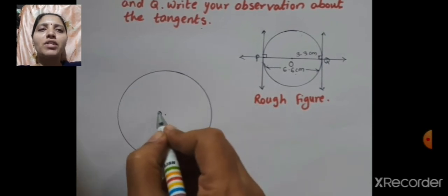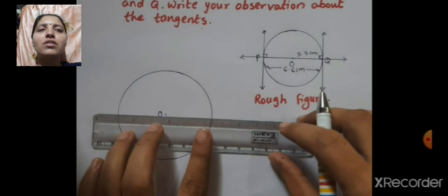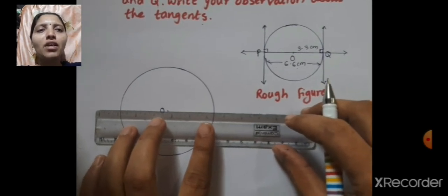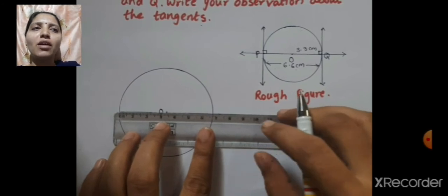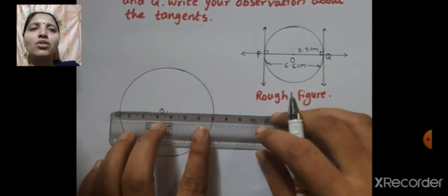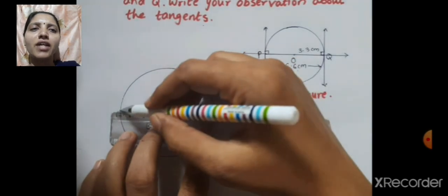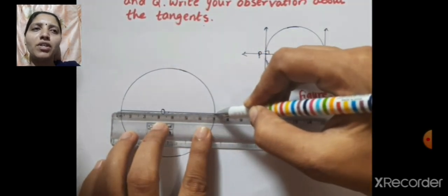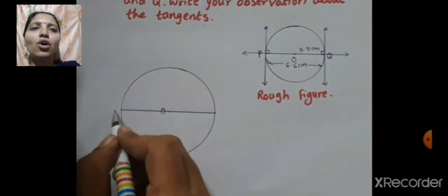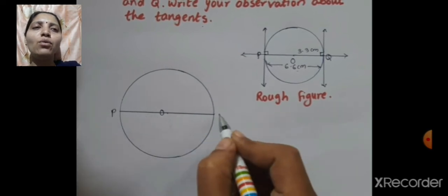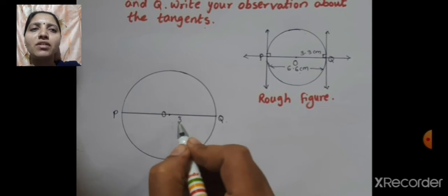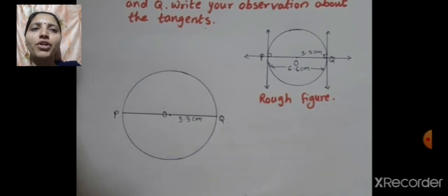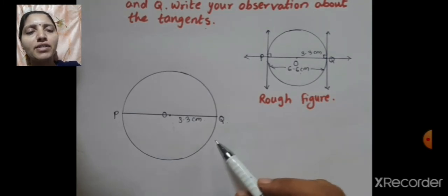Write the name of the center as O. So this is the circle with center O and its radius is 3.3 centimeters. Now here I have drawn chord PQ, which is 6.6 centimeters, and the radius is 3.3 centimeters. So accordingly you have to mention the measurements.